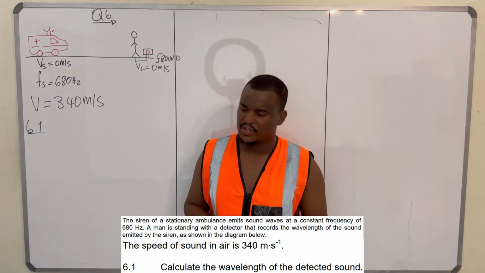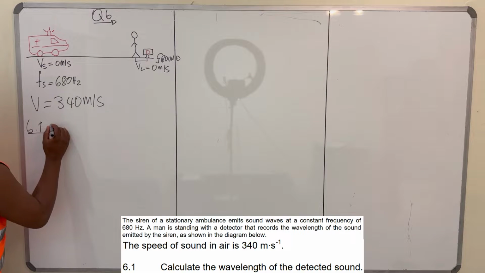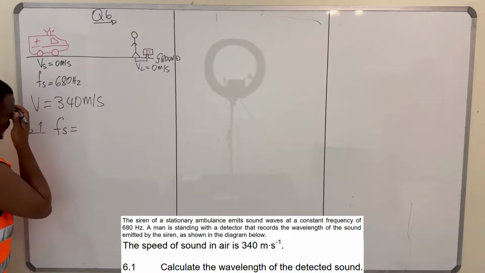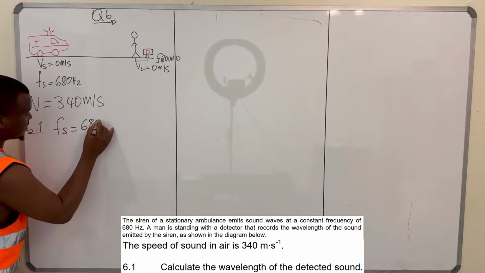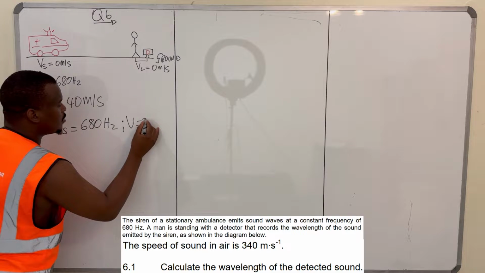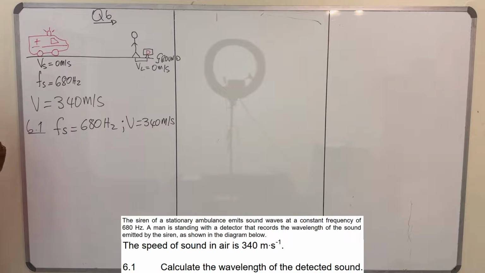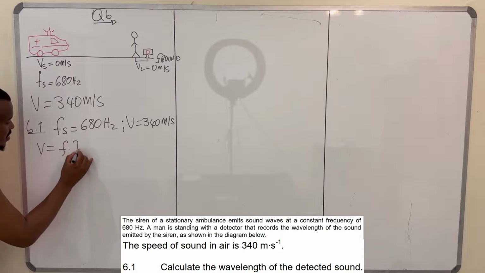So they want us to find the wavelength of the detected sound. So what are we given? We are given that the frequency of the source is equal to 680 Hz, and also the speed of sound in air to be 340 meters per second. So what do we want? We want the wavelength. We know that the speed of sound is equal to the frequency times the wavelength.